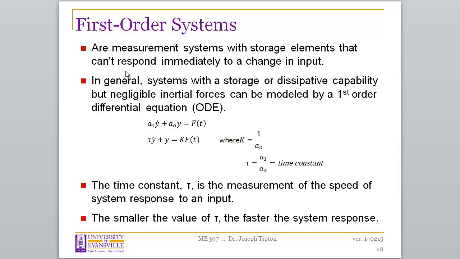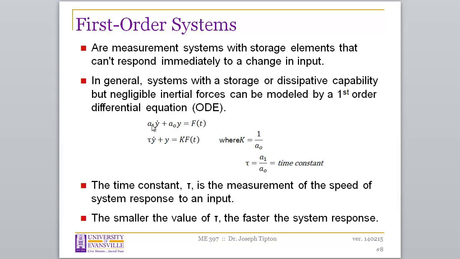Well, we'll say that a first-order system is a measurement system as a result that has some sort of a physical storage element which keeps it from responding immediately to a change in input signal. In other words, there's a lag. In general, any system with a storage or some sort of dissipative capability, but negligible inertial force can be modeled by a first-order differential equation.